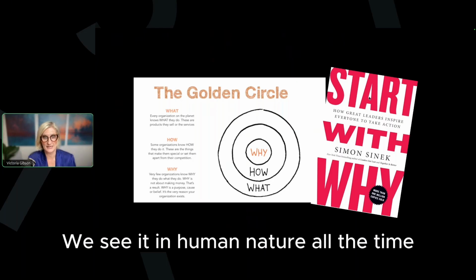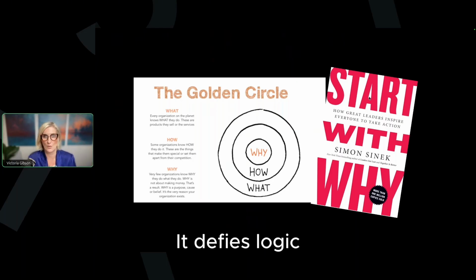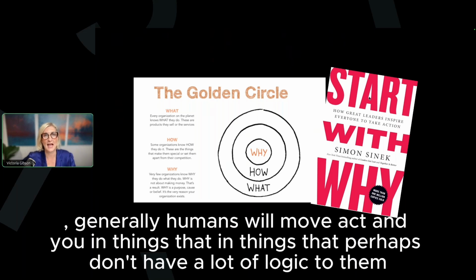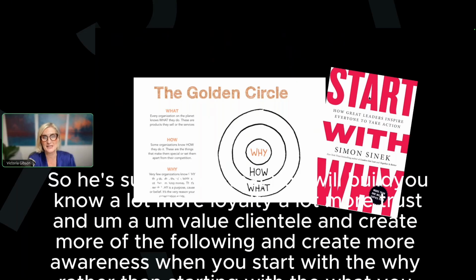We see it in human nature all the time. It defies logic. Generally, humans will move, act, and invest in things that perhaps don't have a lot of logic to them. So he's suggesting that you will build a lot more loyalty, a lot more trust, and value clientele, and create more of a following, and create more awareness when you start with the why rather than starting with the what you do.